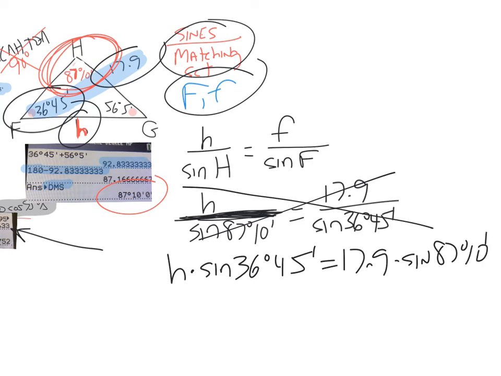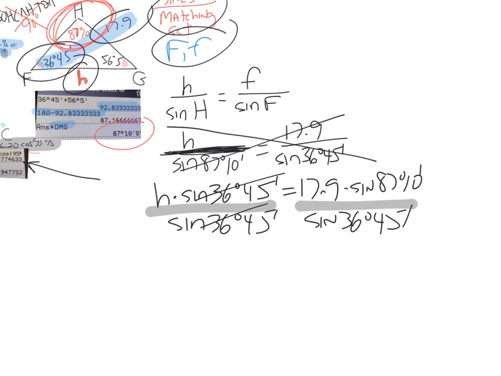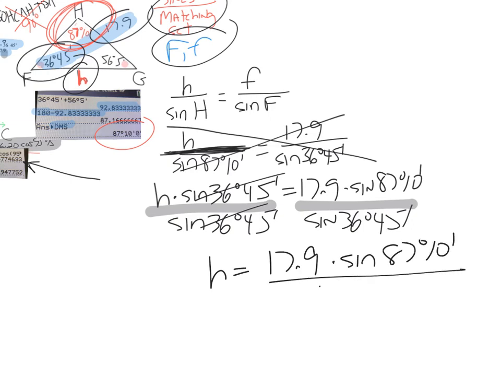The way I solve for h is I divide both sides by the sine of 36 degrees and 45 minutes. So on my calculator, I'm going to find h by doing 17.9 times the sine of 87 degrees 10 minutes divided by the sine of 36 degrees 45 minutes.